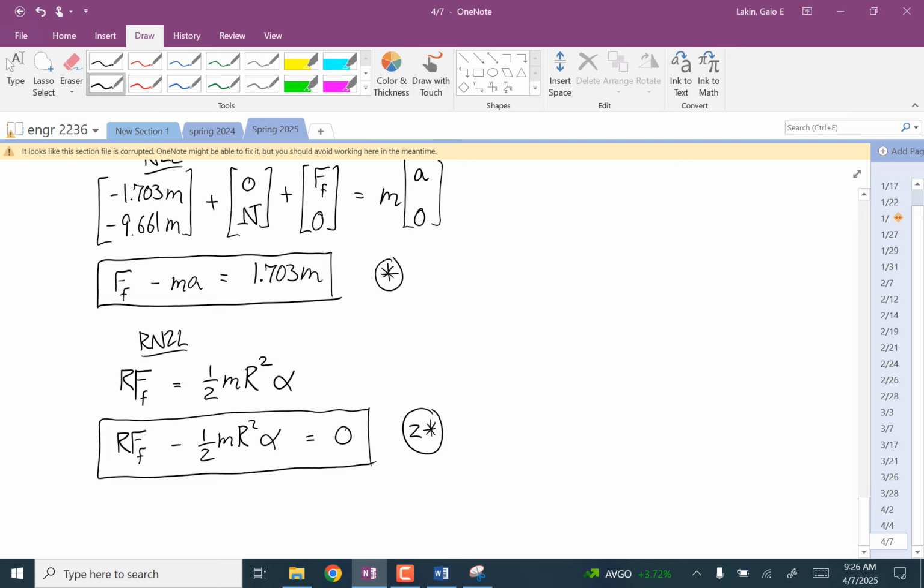Can you solve this? Well, this can get a little tricky when you have constants floating around and variables floating around. You have to be clear on what are your variables and what are your constants. Our variables are FF, A, and alpha.